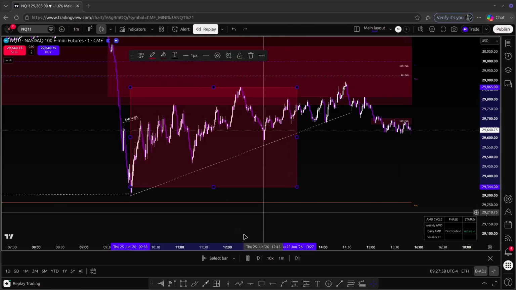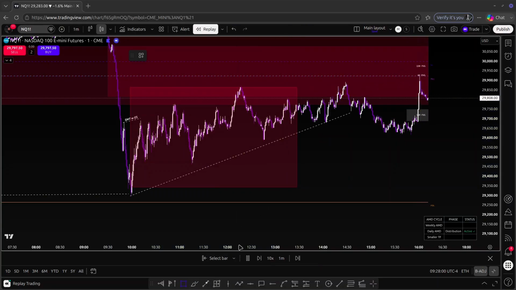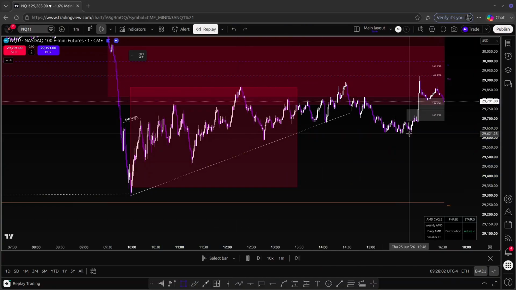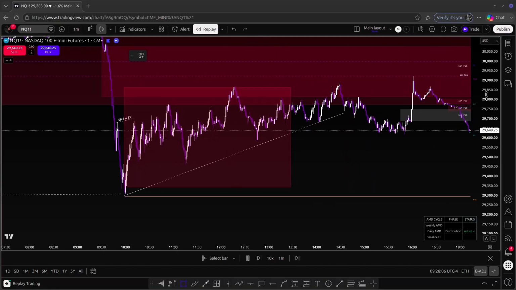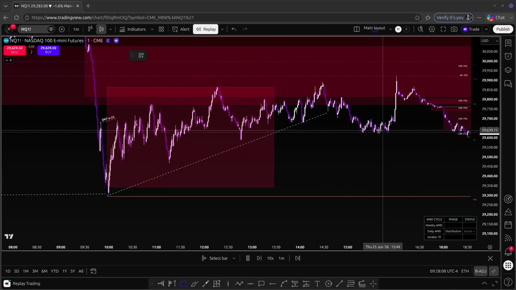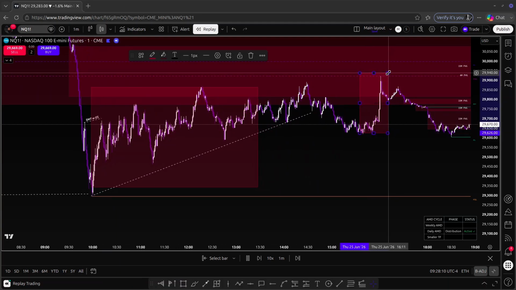Accumulation. I want to see this area get swept. And maybe that's it. Manipulation.